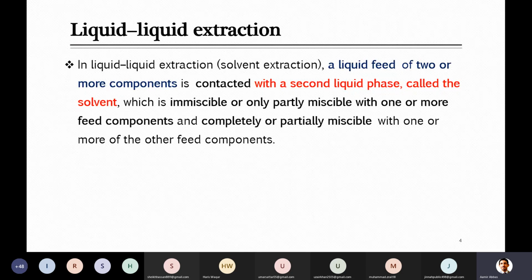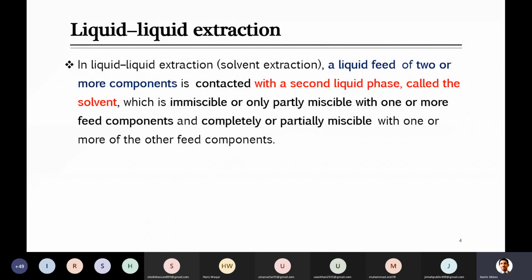We initially have a liquid feed. Our feed should be a liquid. That liquid feed consists of either two components or more than two components, and the purpose is to remove some of those components from the feed to some other liquid.